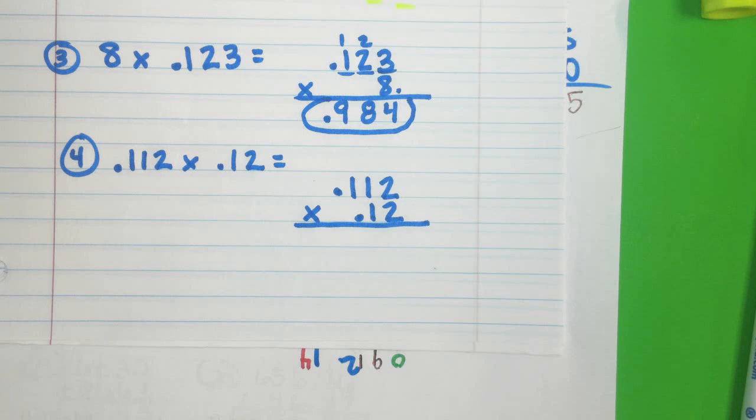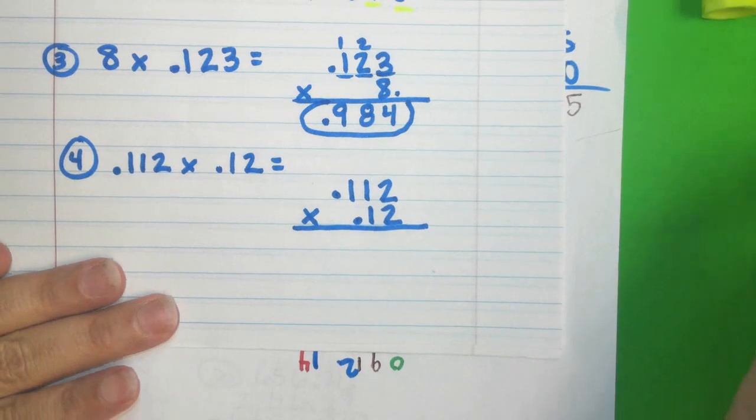See, brains are working. I love it. I think there's smoke coming out of y'all's ears sometimes. Don't forget your placeholder. On the second row, don't forget your placeholder.